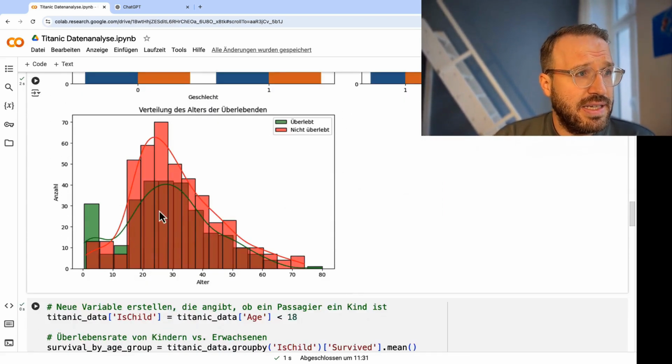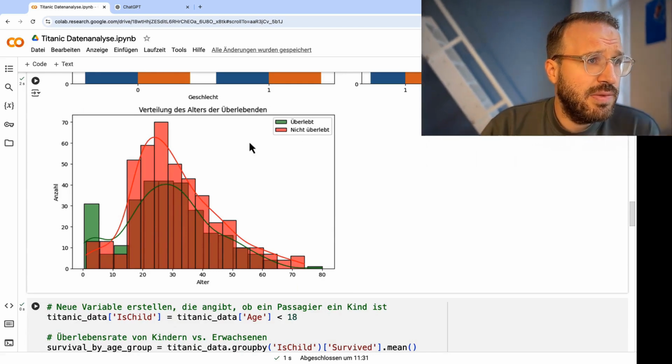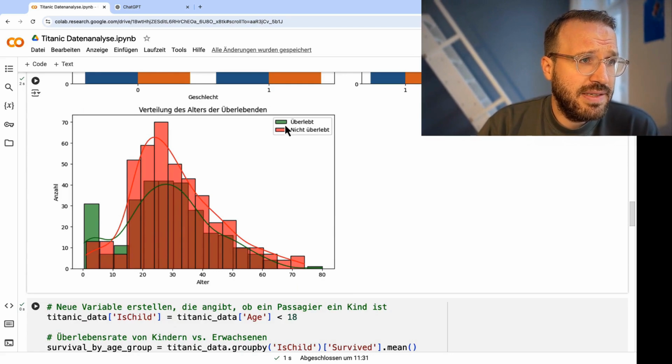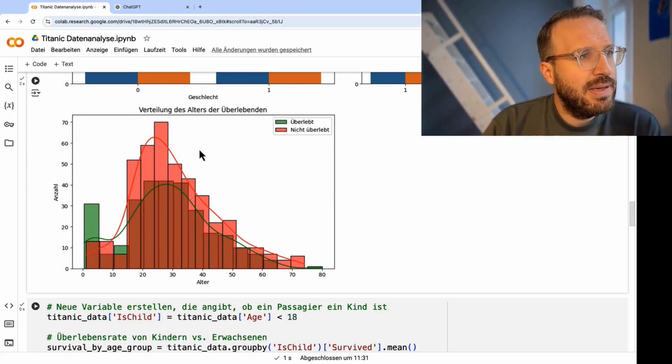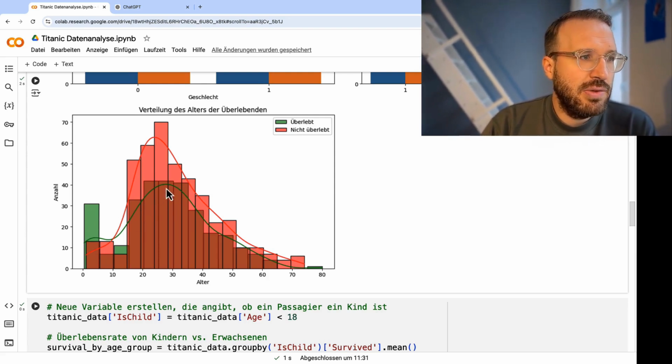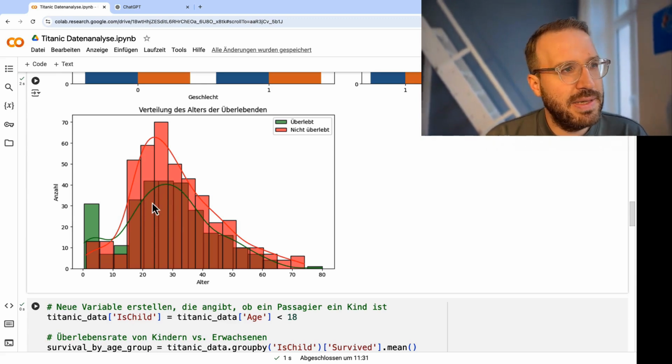Then let's take another look at age, specifically the age distribution of those who survived, which we have here in green. There we see that there are many who survived, many small children. And then we see among the survivors, there are mostly middle-aged individuals, which is also the mean and the median.